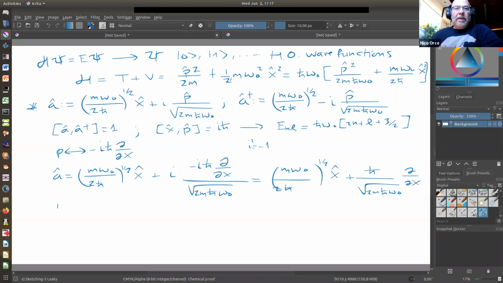We assume that beta squared is equal to m omega naught over h bar, so beta is (m omega naught over h bar) to the 1/2.